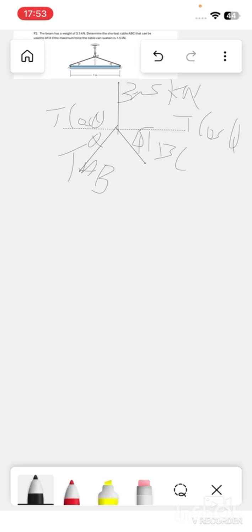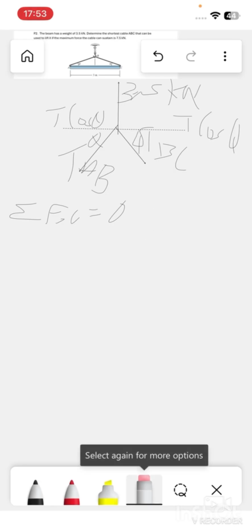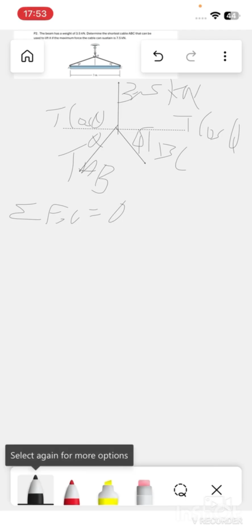So let's go to the analytical solutions. The summation of horizontal forces is equal to 0. We take the right direction as positive.